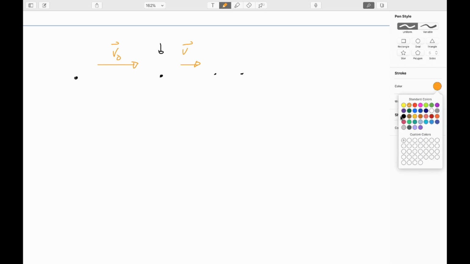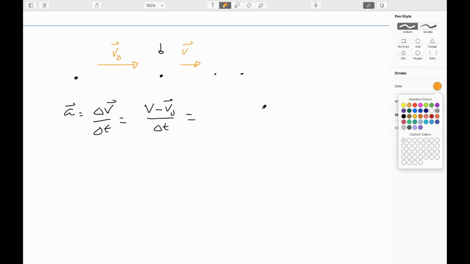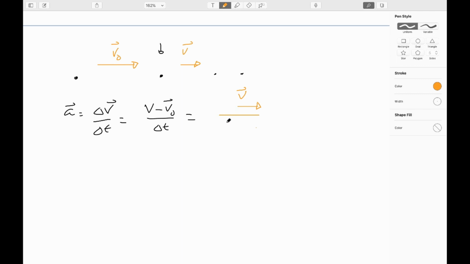So we can again say that the acceleration is the change in velocity over the change in time. So this will be v minus v initial over the change in time. And so let's go ahead and draw it. So here's my v, like so. And I will add to that my negative v initial, again just doing it tail to head.